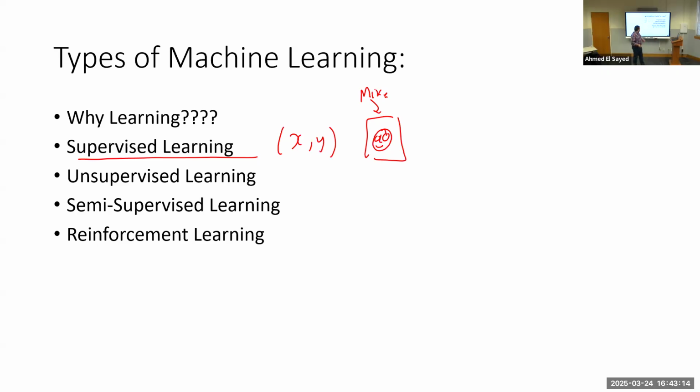And we give you another photo for Bert, another one for Julie. So all the images I have are marked. I have the sample and the label for this sample. So this is X and this is Y. I can use this label to supervise the learning process. That's why it's called supervised learning.